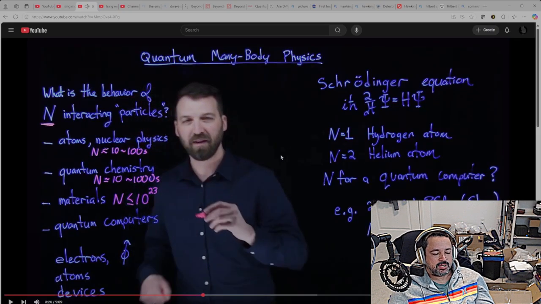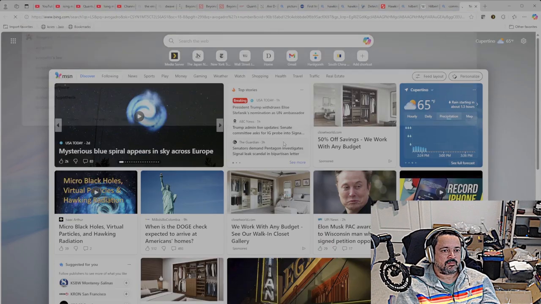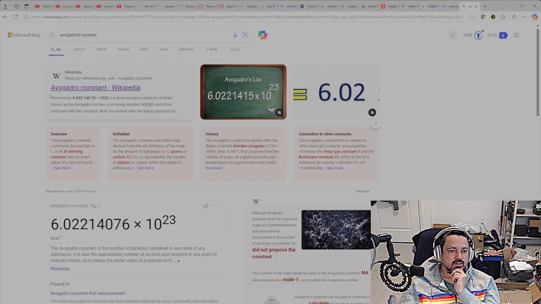Avogadro's number. Man. It's been a while. It is a dimensionless physical constant, not to be confused with the constant. Both are named after the Italian physicist.